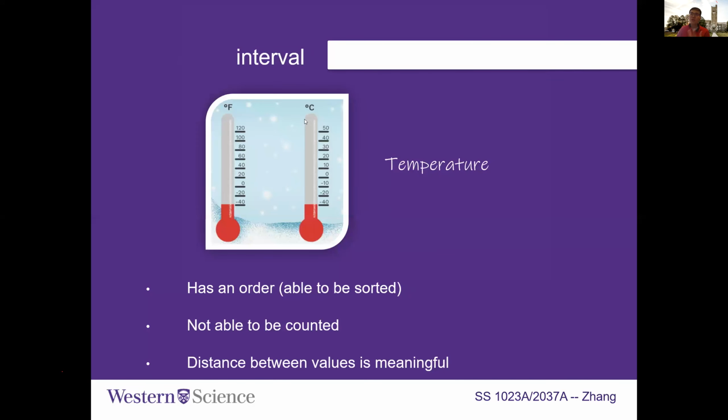Yes, for the interval, we can order those degrees. For example, give you two temperatures, can you compare them? You can, right? You can say Toronto is hotter than, say, Waterloo. So in that case it is comparable, so we say it's orderable.